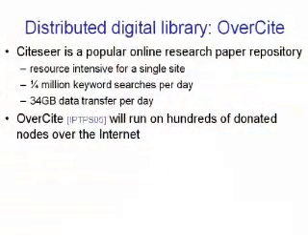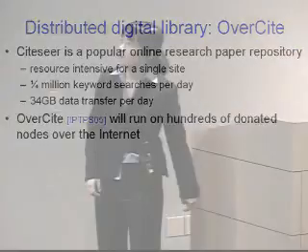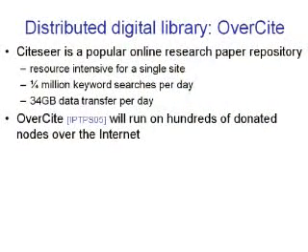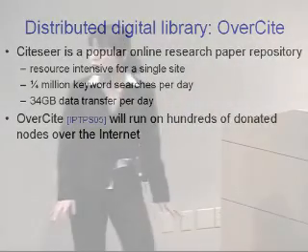Now I'm going to throw in two slides about the system that I'm actually building now that is going to use Accordion. It is the decentralized distributed digital library that we call Oversight. CiteSeer, you probably all know, is a very popular online research paper repository. Today it's very resource intensive for PSU to host.